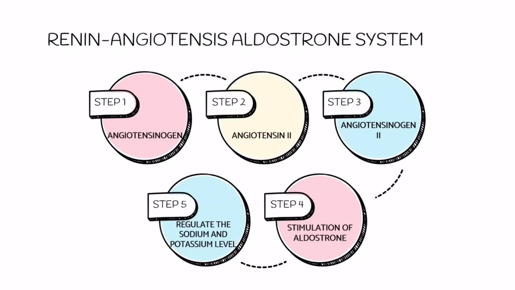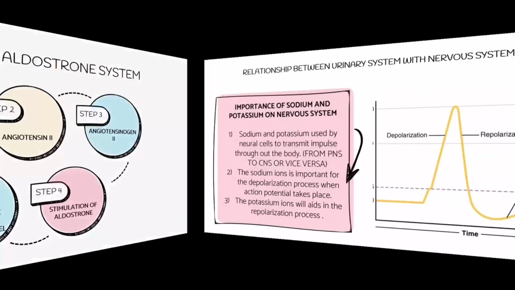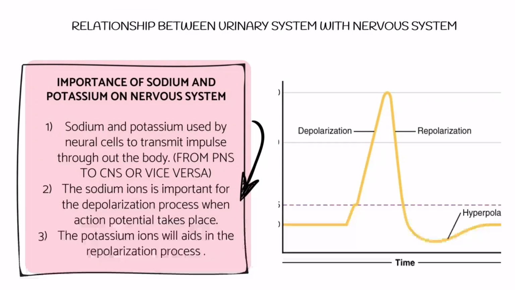This angiotensin 2 will stimulate the adrenal gland to produce the aldosterone. So this aldosterone is very important for the regulation of the sodium and potassium ions inside our body. So what is the importance of the regulation of sodium and potassium ions for the nervous system?